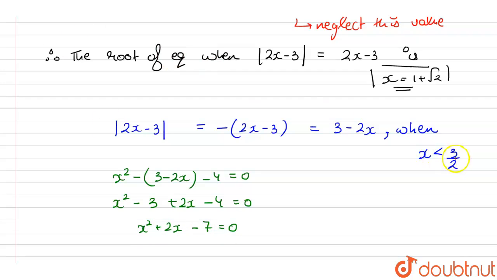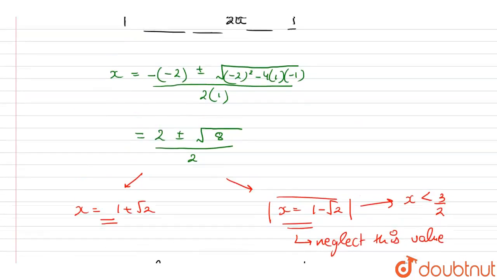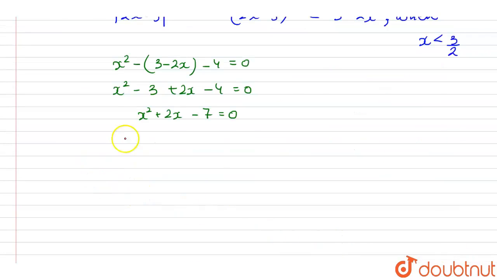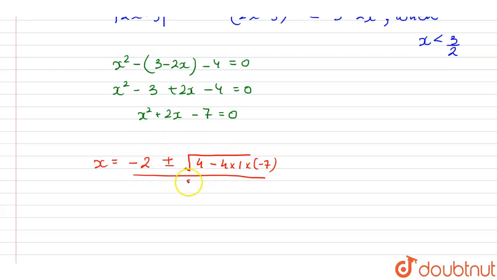Now similarly, we find the value of x, that is the roots of the equation. x will be equal to minus b, that is minus 2, plus or minus under root of b square minus 4ac, that is 2 square, that is 4, minus 4 multiplied by 1 multiplied by minus 7, divided by 2a. The value of a is 1, so this will be 2.